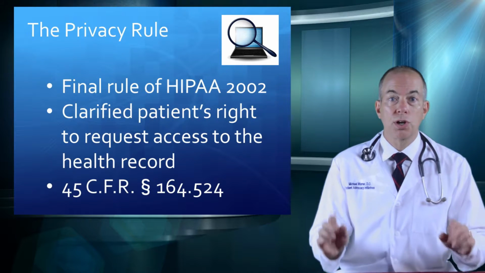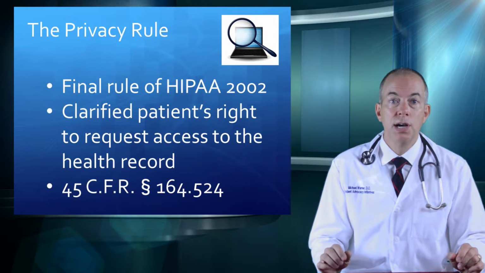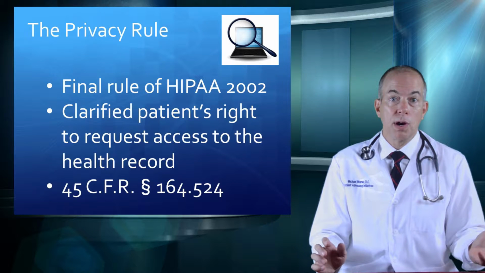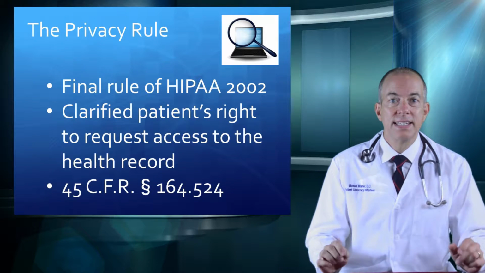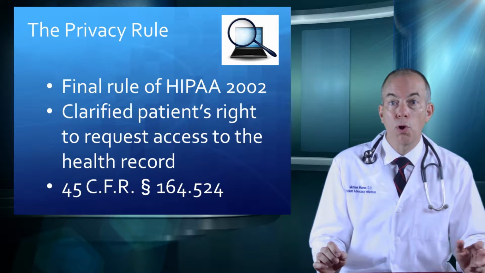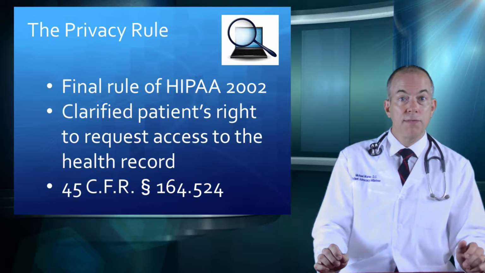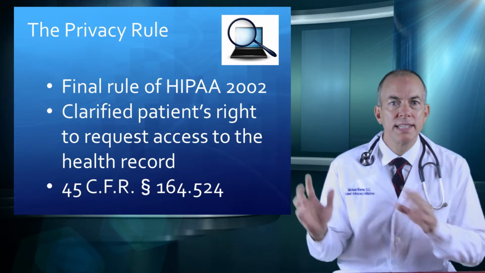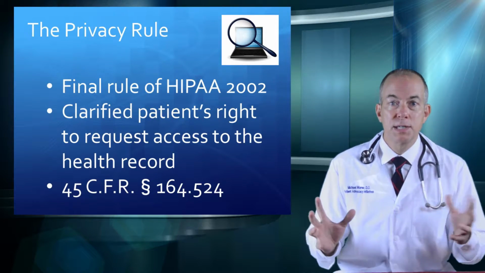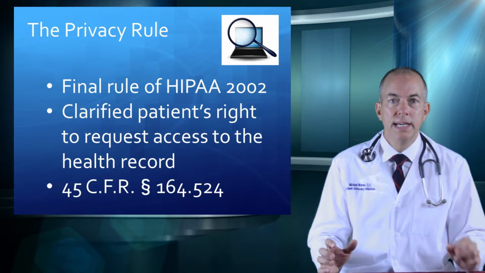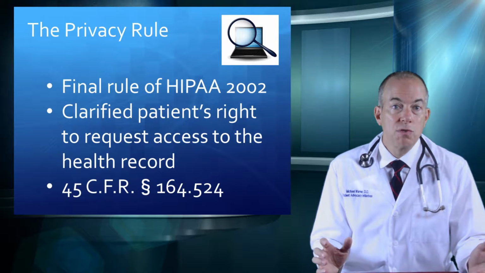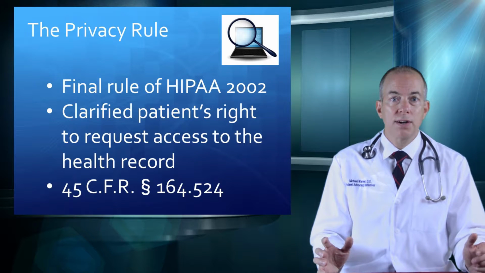CFR stands for the Code of Federal Regulations. 45 stands for Public Welfare. The double S section symbol guides you to Part 164 and Section 524. Sometimes parentheses can follow to signify specific paragraphs. Section 524 describes your right to access your health record.